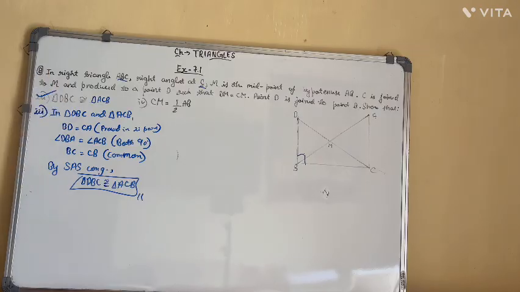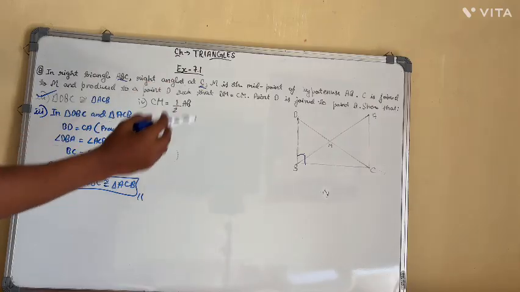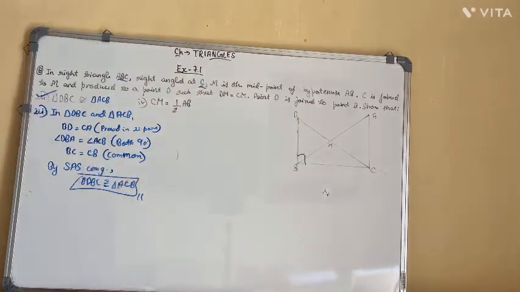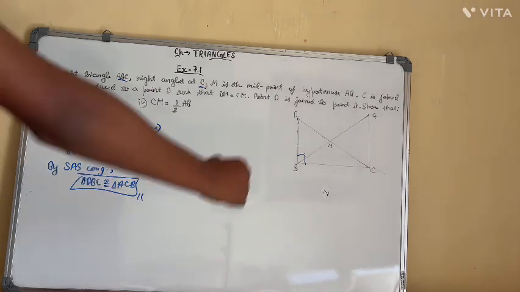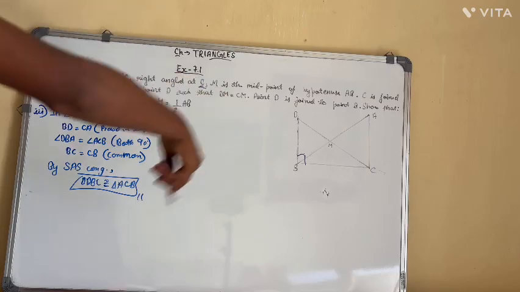Third part is over. Now we are going to do the fourth part. The fourth part says CM is equal to half of AB. Firstly, we have done this DBC and ACB, so we can prove that DC is equal to AB.